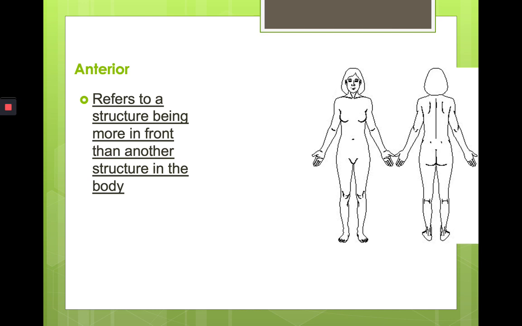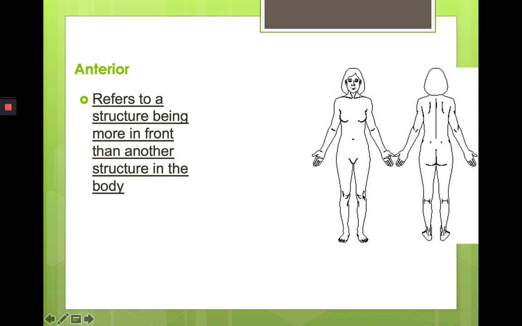Anterior refers to the structure being more in front than another structure in the body. For example, you could say that the kneecap, the patella, is anterior to the shoulder blade.